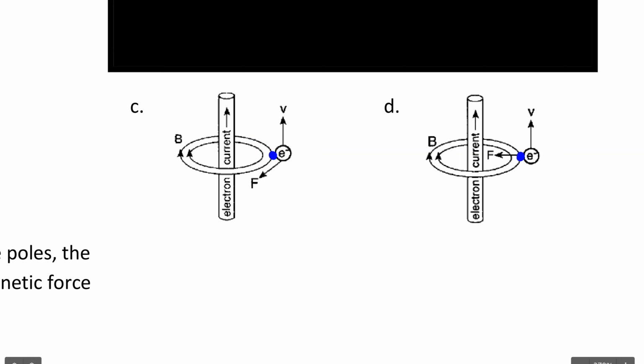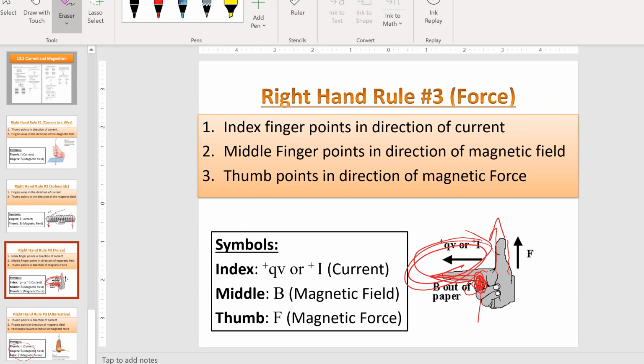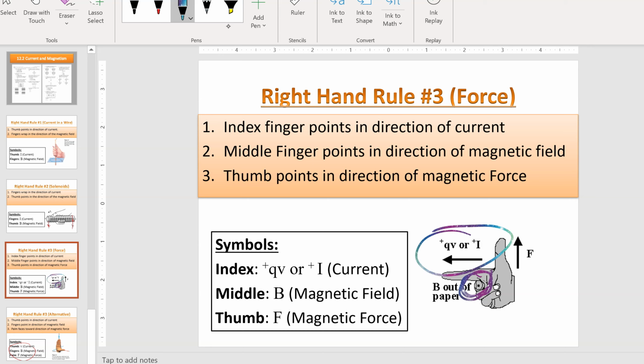So now we're looking at right hand rule number 3. We have the magnetic field, this one here, pointing out of the page. So far this diagram is similar to what we're doing, but we're going to rotate. This is going to be a different direction.